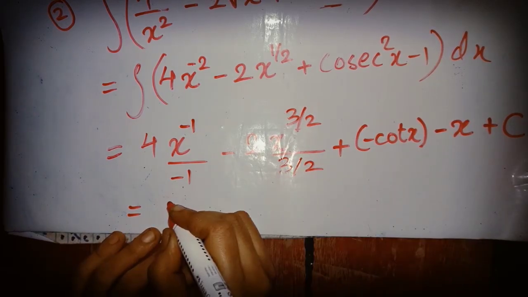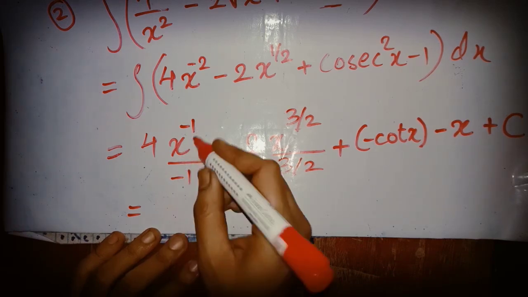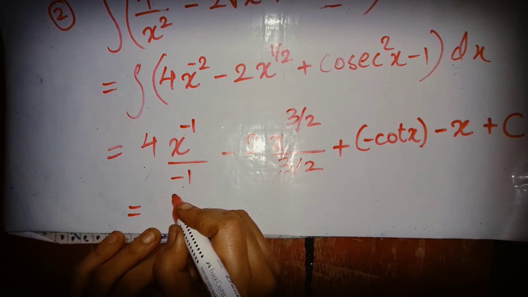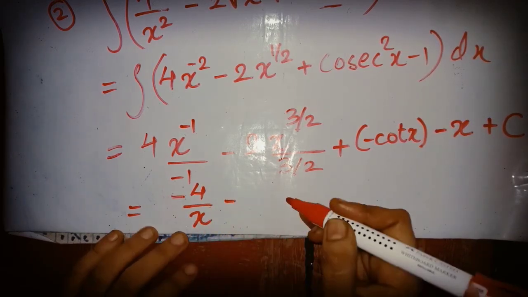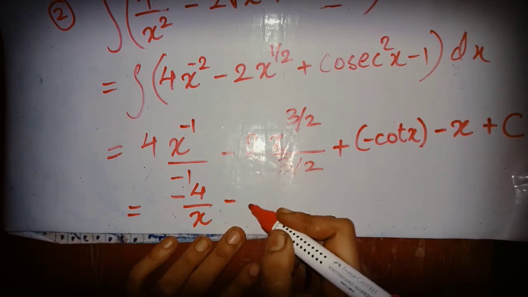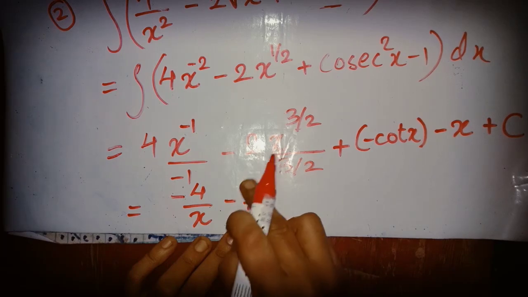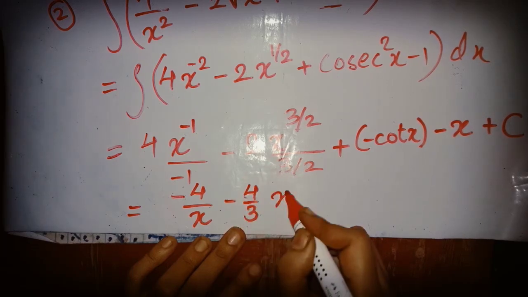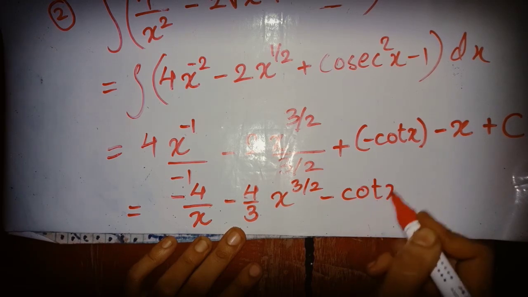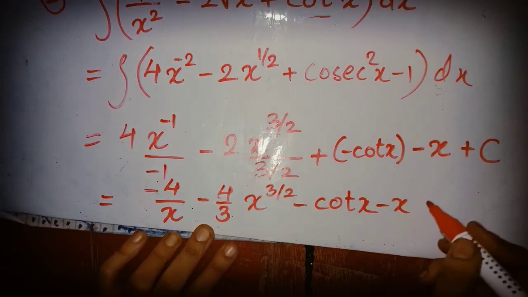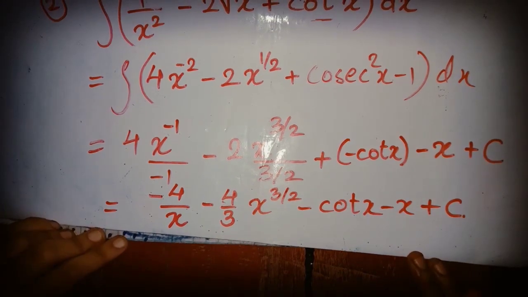So x to the minus 1 is in the numerator, so you can take it in the denominator. So this will become minus 4 upon x. This 3 by 2 you can take in the numerator, so 2 by 3 into 2 becomes 4 by 3 x to the 3 by 2, minus cot x minus x plus c. So this is the answer.